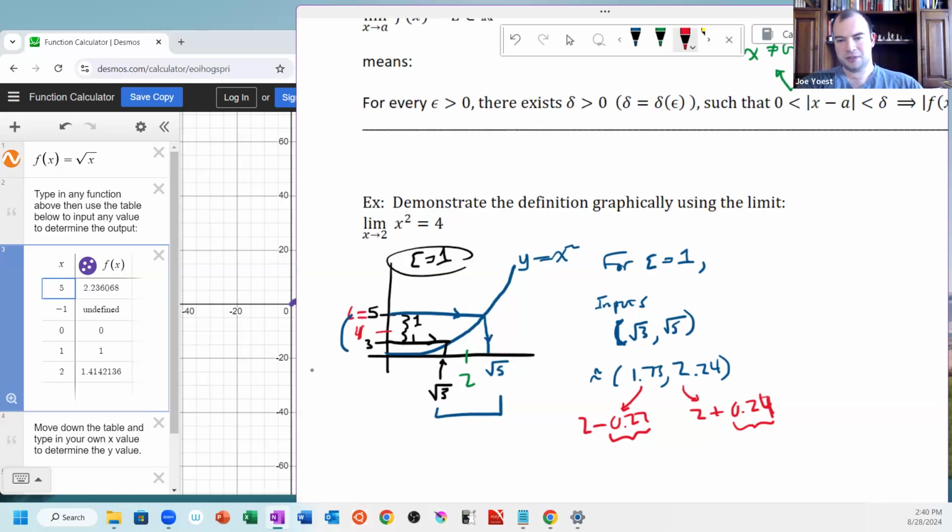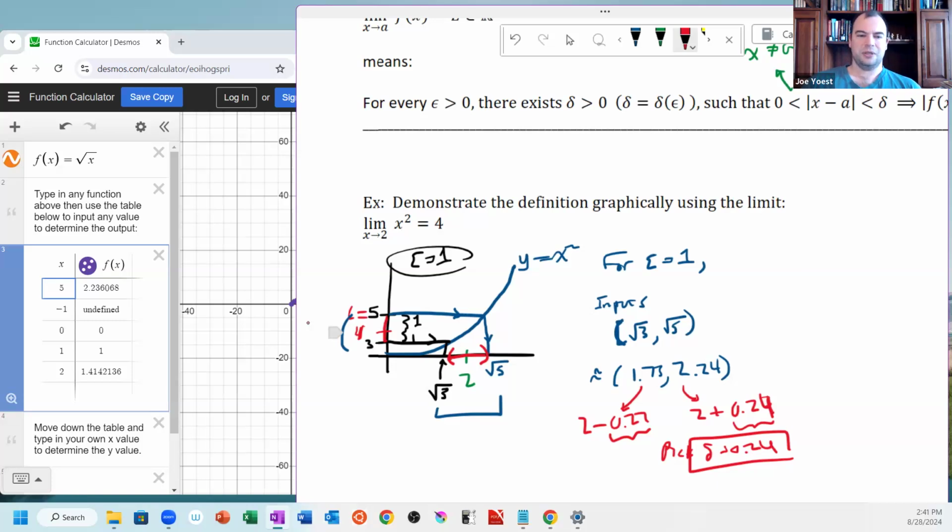So I could pick, for instance, delta equals, say, 0.24. And that will give me a slightly tighter left endpoint and a right endpoint that's right at where I need it to be. If I restrict my inputs to this interval, then my outputs will be restricted to this interval 3 to 5, or my outputs will stay within 1 unit of my hypothesized limit.